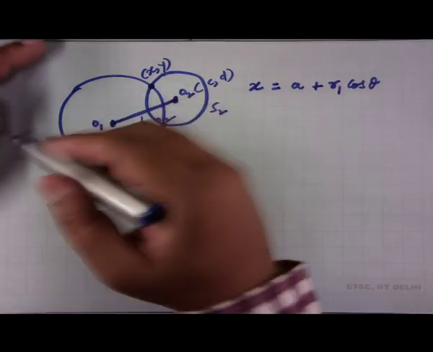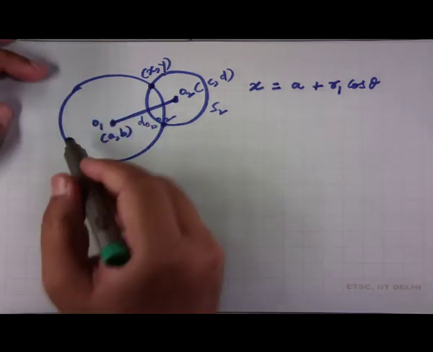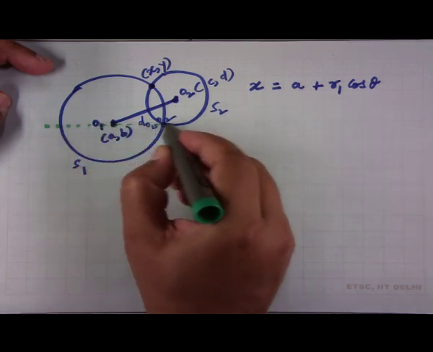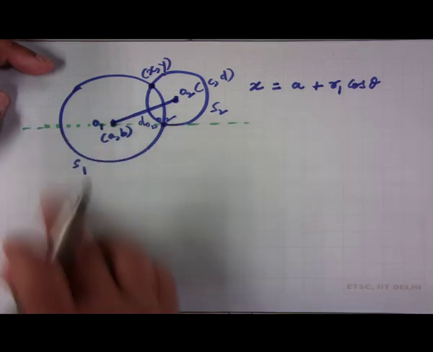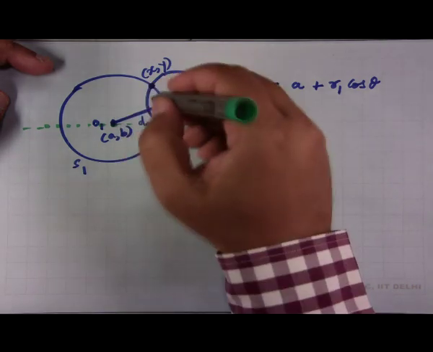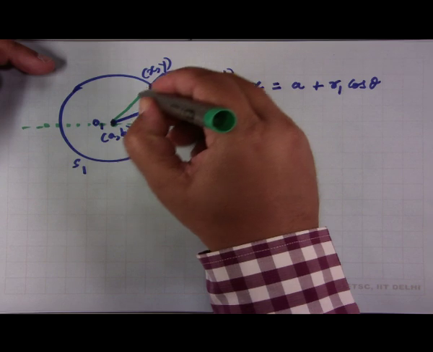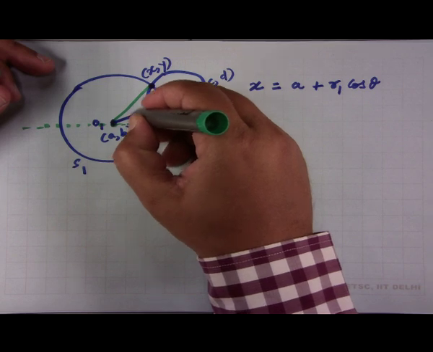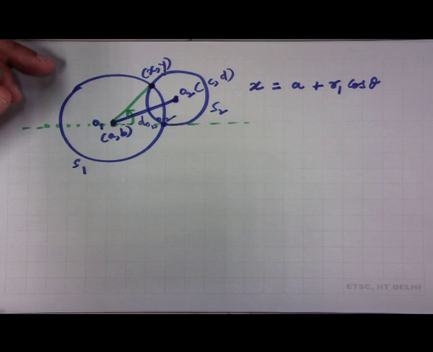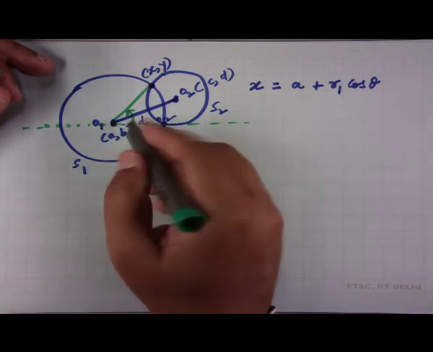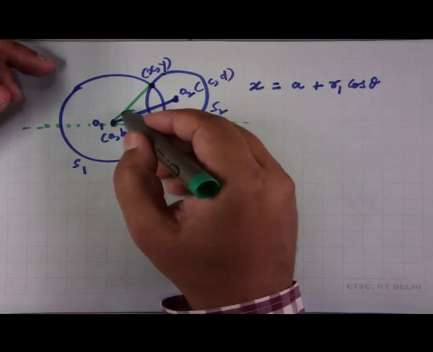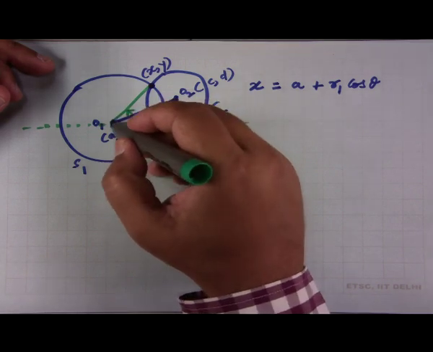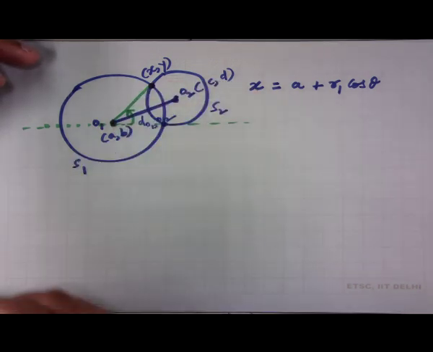Usually, if we draw a line through the center of this circle which is parallel to the x axis, let us say this green dotted line, then theta is simply the angle taken in the anti-clockwise direction from the x axis to this radius which joins O1, the center, with this point x y.